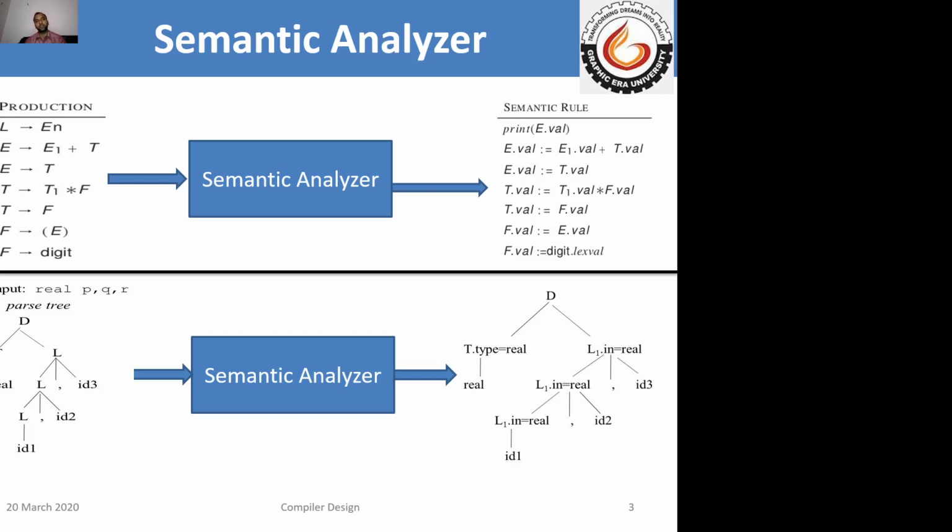it checks for semantics. Semantics means, let us suppose we declare an array of size 50, and next time we access the 53rd element.